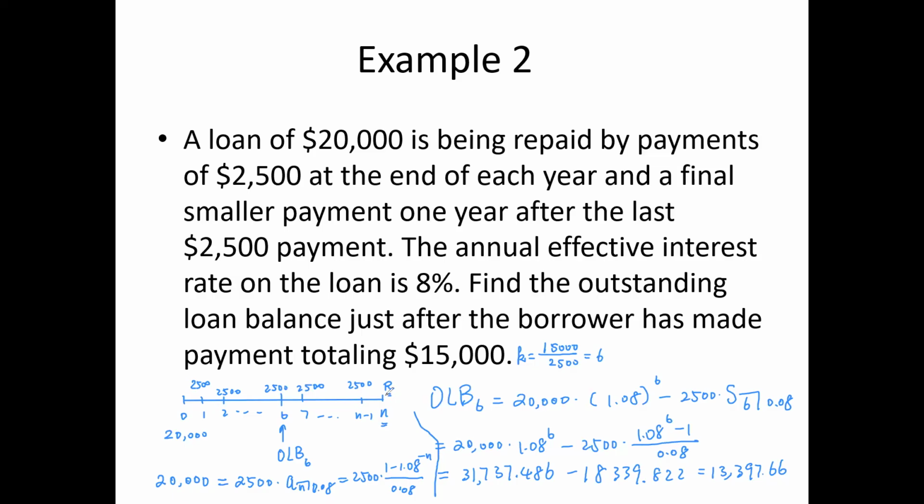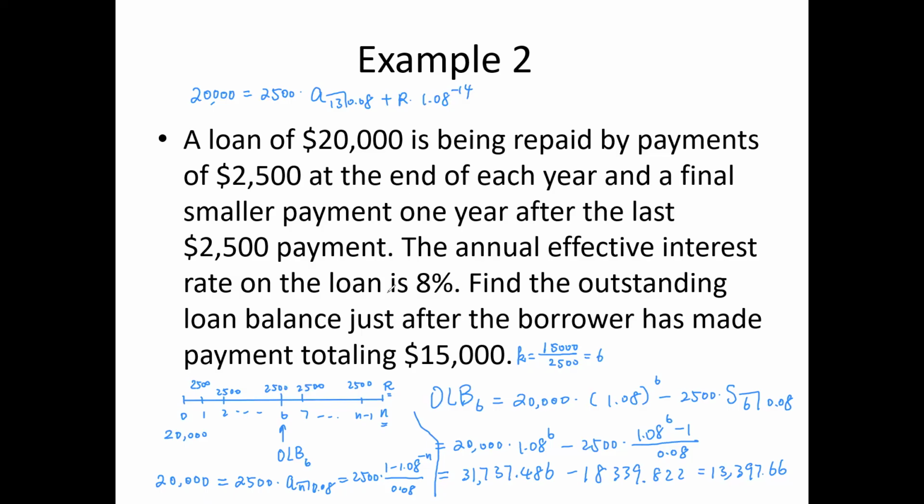Then use 14. You calculate the present value of the first 13 payments with each payment $2,500, and then you can solve for R. So 20,000 equals 2500 times a sub 13 angle 0.08, plus R times 1.08 to the negative 14.